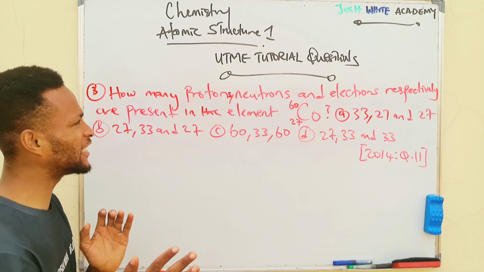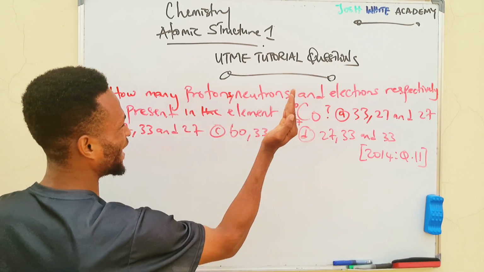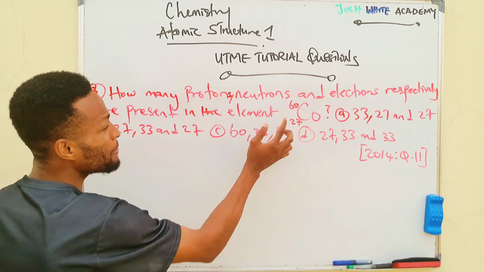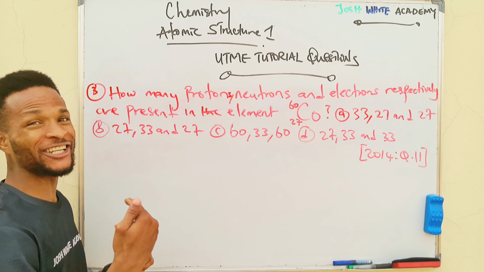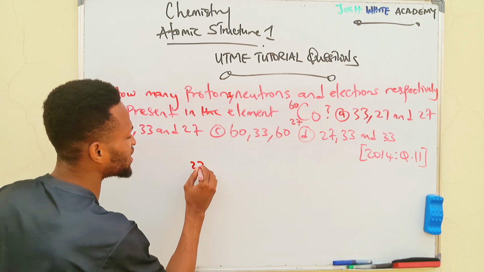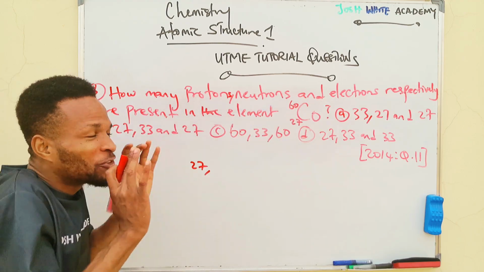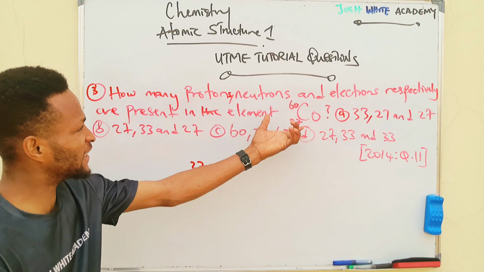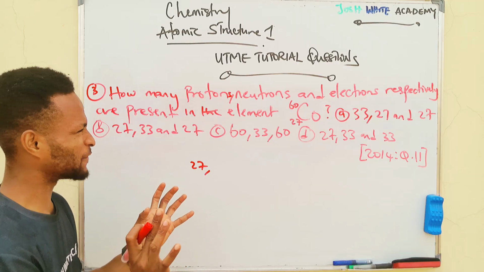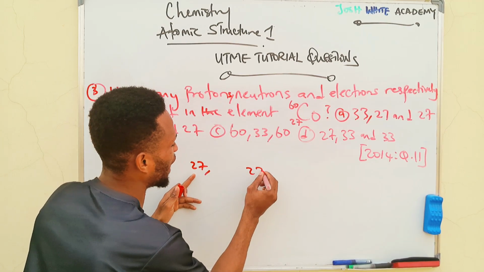It means accordingly. So we will find the proton, the neutron, and then the electron. Now, remember we defined our atomic number as the number of protons. That means our proton is what? 27. And also, our electron too is also 27, because this is a neutral atom, it has not reacted. So, that means it's 27 at the beginning, 27 at the ending.